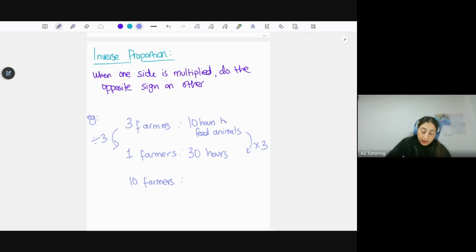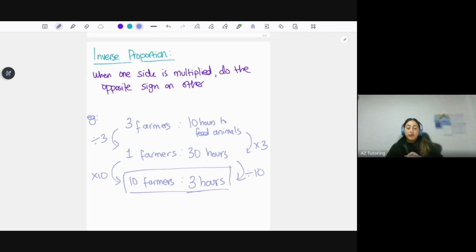Then to get from 1 to 10, you times by 10, but this time I'm going to divide on the other side. Because if I'm going from one farmer to 10 farmers doing the same job, it's going to take less time. So 30 divided by 10 is just 3 hours. So there's your answer.